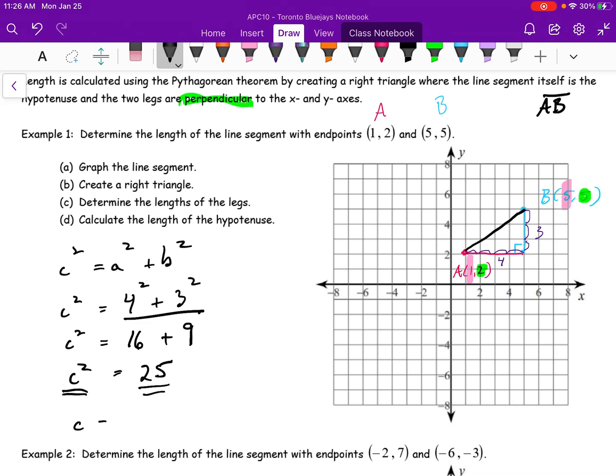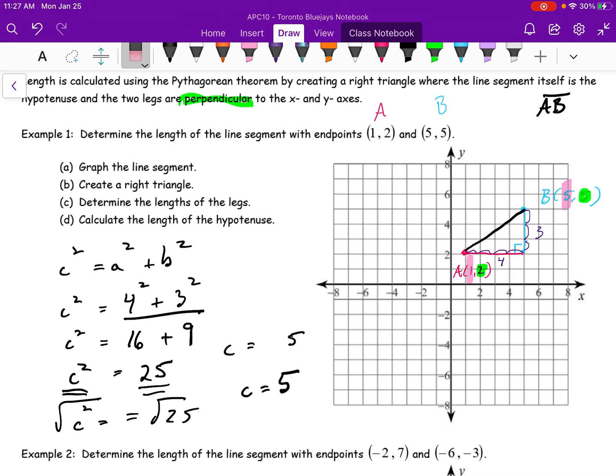Well, you simply take the square root of both sides. So therefore, c is going to be equal to plus or minus 5. C can be equal to minus 5 or plus 5. But in the context of distance, we only have positive distances. So that whole notion of positive and negative will come in later.